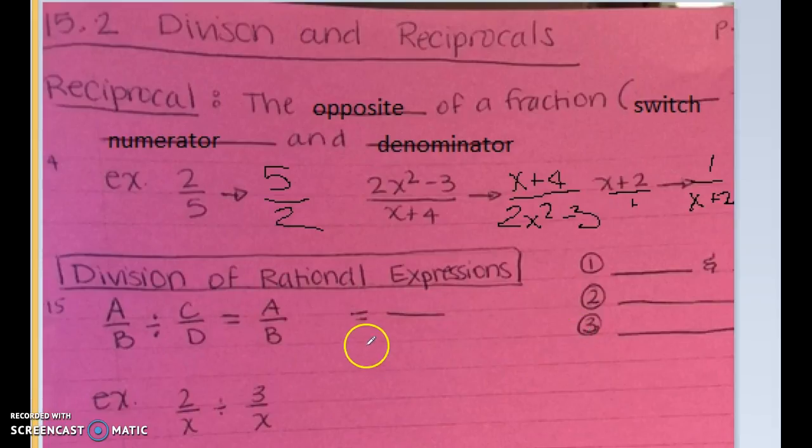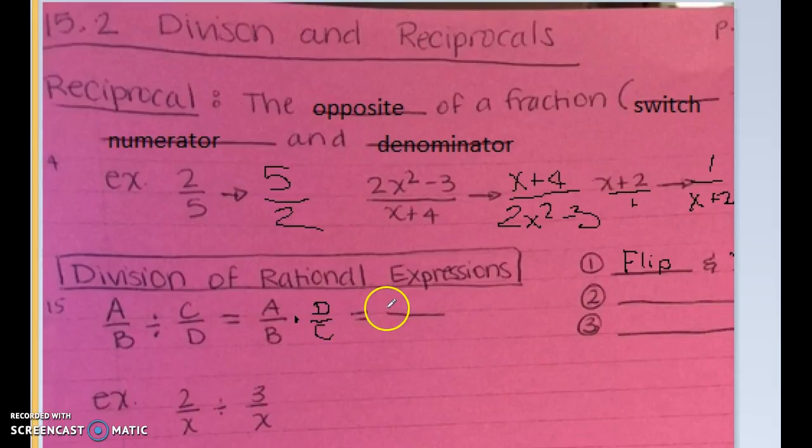Whenever we go to divide rational expressions, this should say flip, and after the "and" should say multiply. So if we're trying to divide a over b divided by c over d, then that would be a over b times d over c.